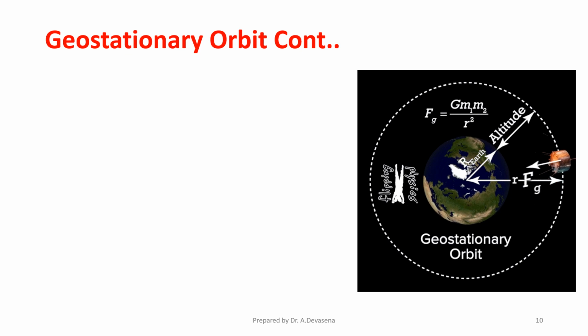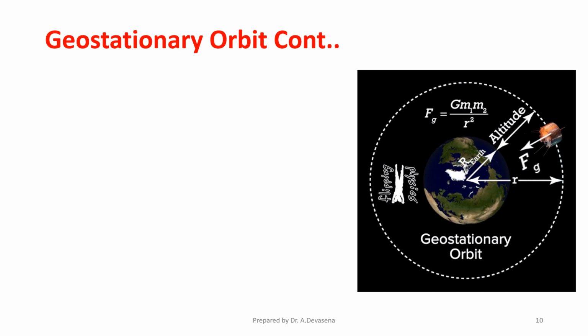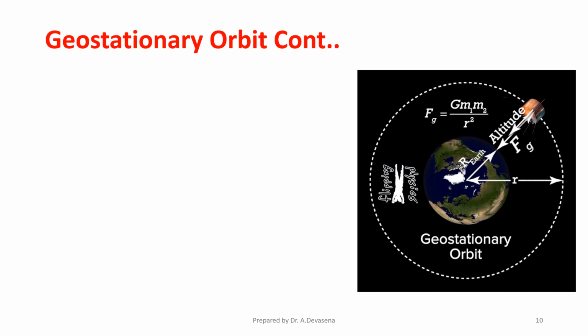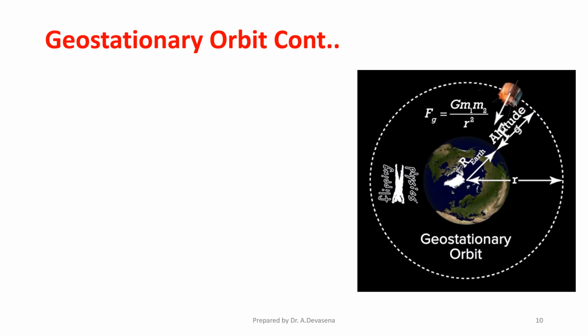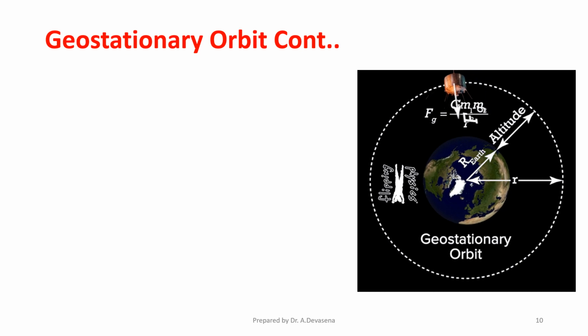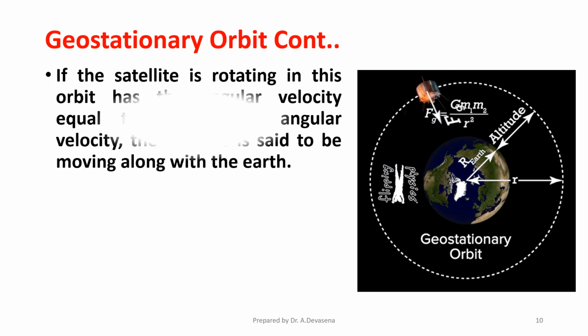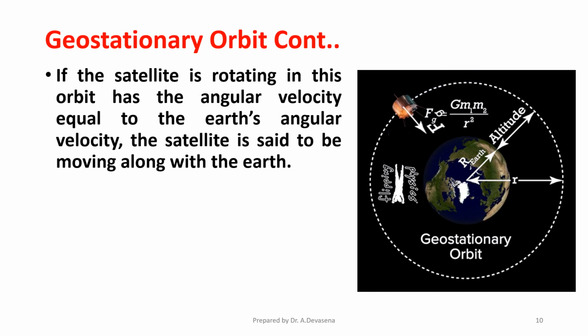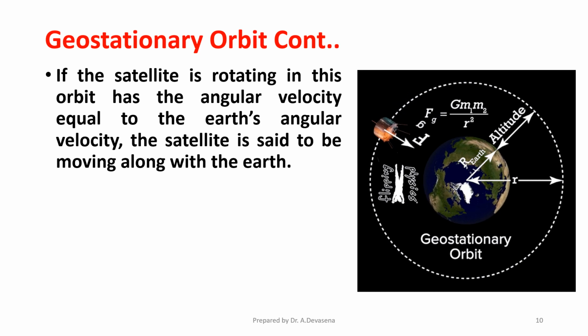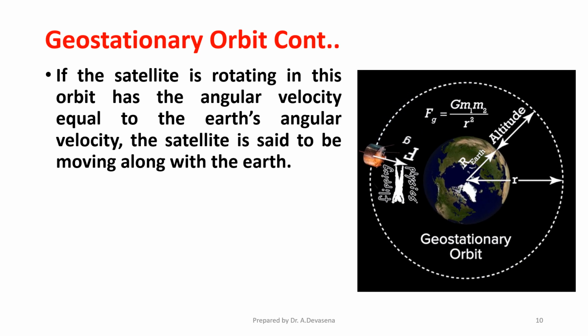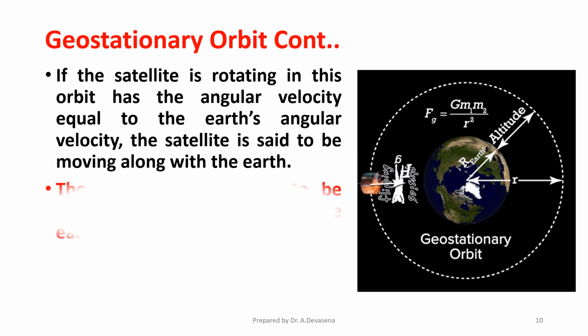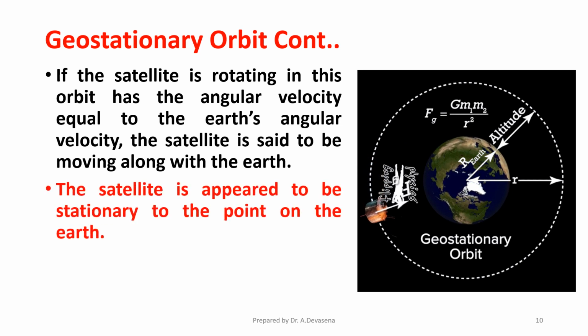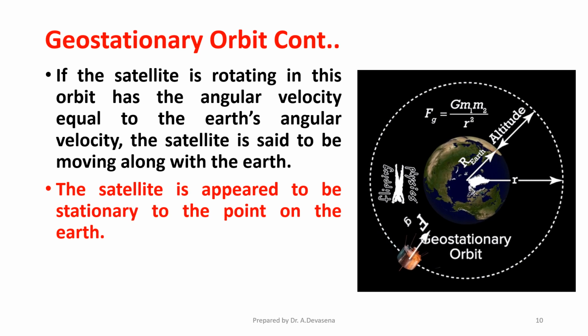If the satellite rotating in this orbit has an angular velocity equal to the Earth's angular velocity, the satellite is said to be moving along with the Earth. The satellite appears to be stationary to a point on the Earth. Therefore, this orbit is sometimes called geostationary orbit.